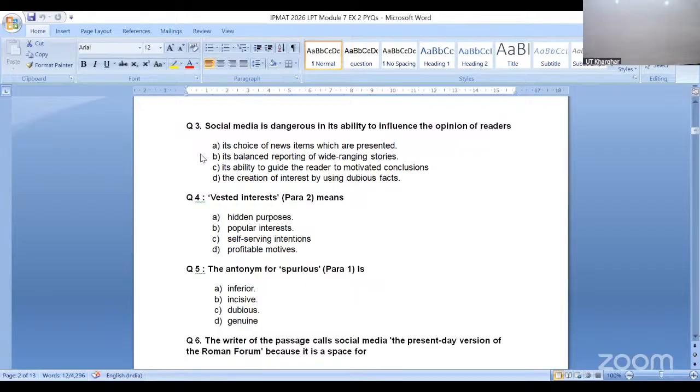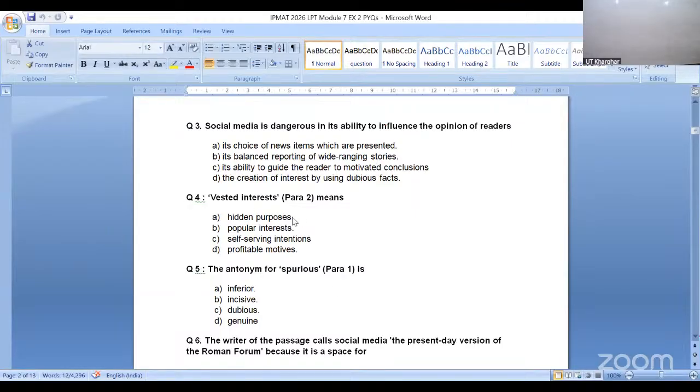What's the answer to question 3? Option A, right. Does anyone have a different answer? So social media is dangerous in its ability to influence the opinion of readers, through its choice of news items which are presented. It chooses specific news items to influence the opinion of the readers.